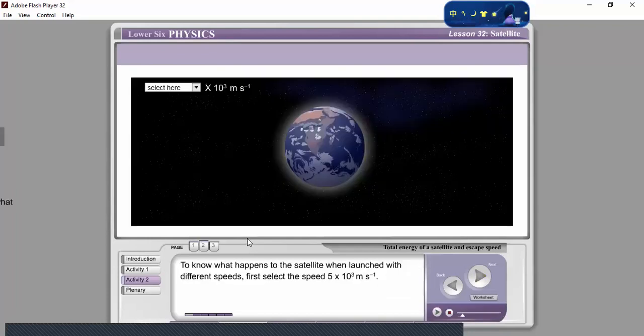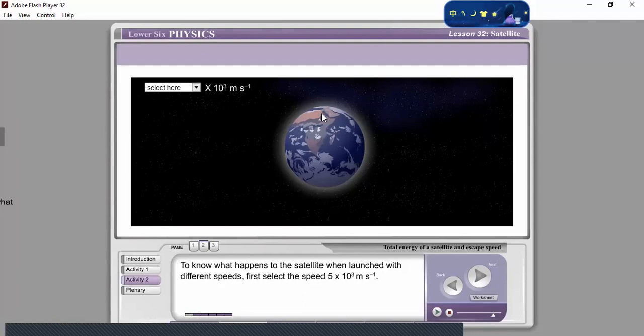To know what happens to the satellite when launched with different speeds, first select the speed 5 times 10 to the power 3 meters per second. So what happens if we launch a satellite with different speeds?